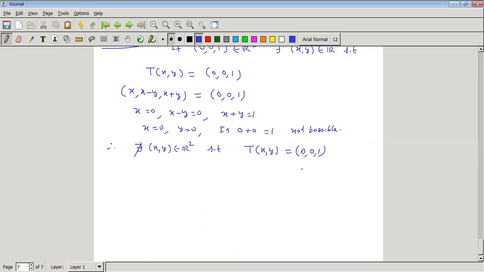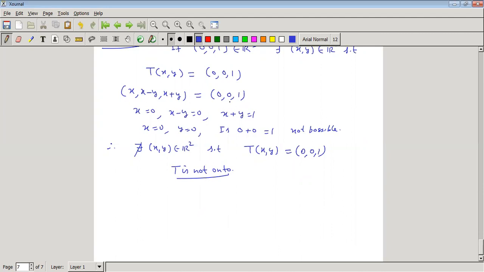It means not every element of R3 has a T preimage. We have one element whose preimage does not exist. It means that T is not onto. Even you can take any other element.